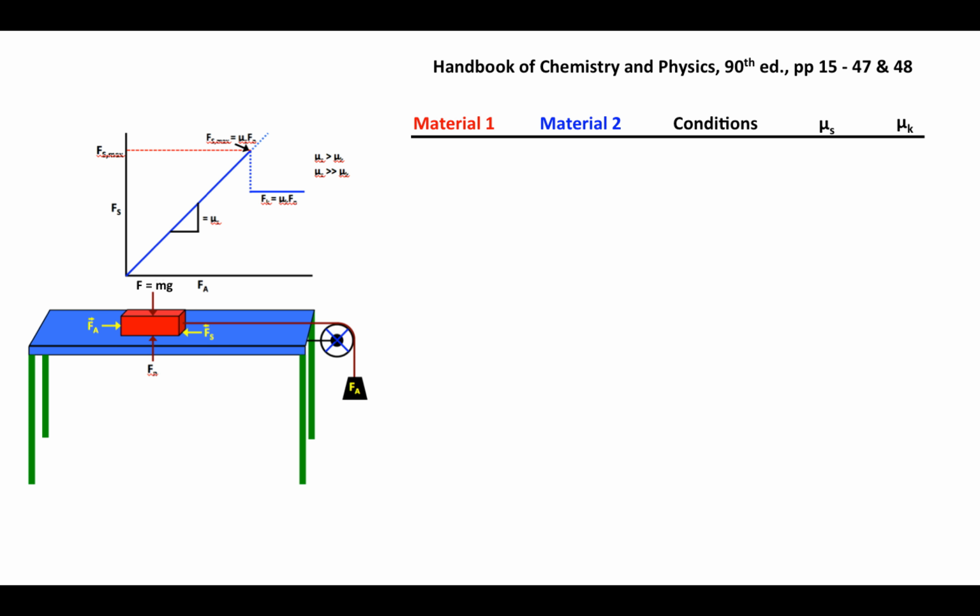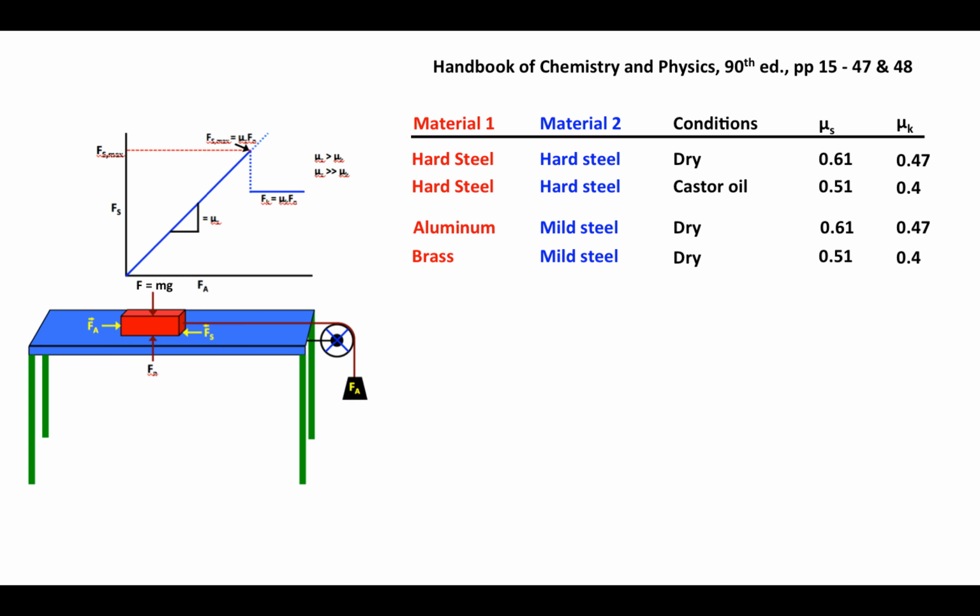Here are some examples. Hard steel on hard steel in both cases, but the conditions are different. One, there's lubrication and different values, lower values, with the case of the oil for both coefficients. Aluminum on mild steel and brass on mild steel, both dry conditions, different coefficients.